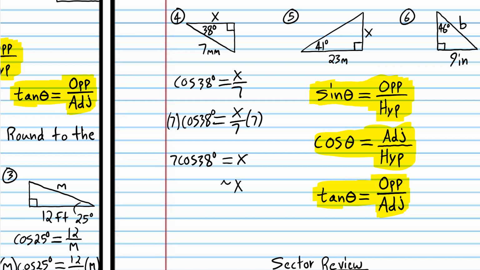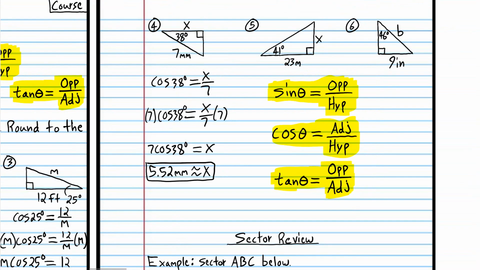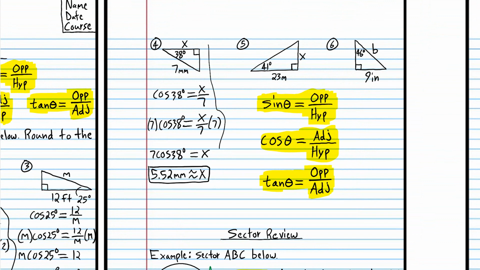Now we can just get out our calculator. 7 times 38 cosine equals, and I get 5.52 millimeters.